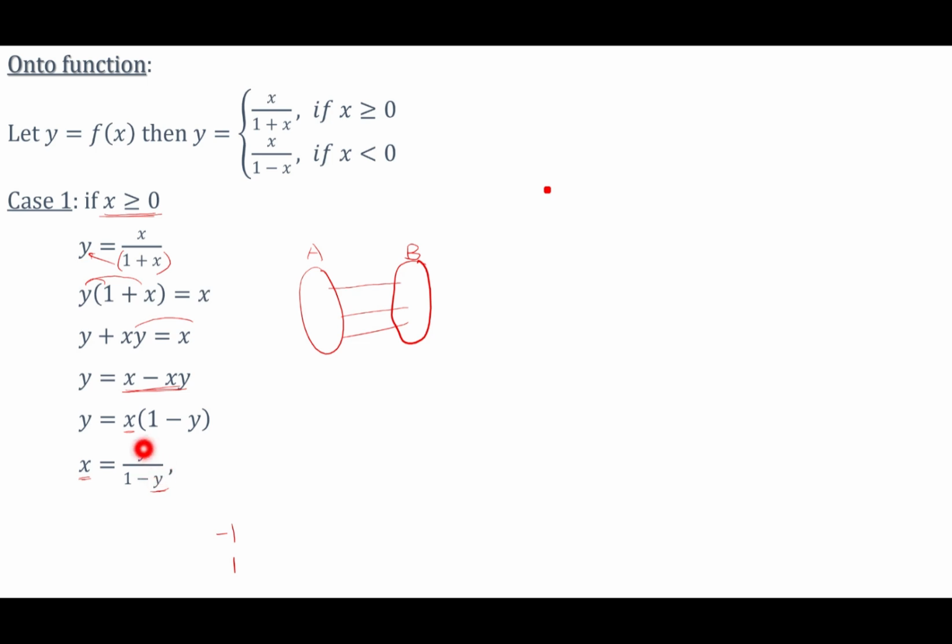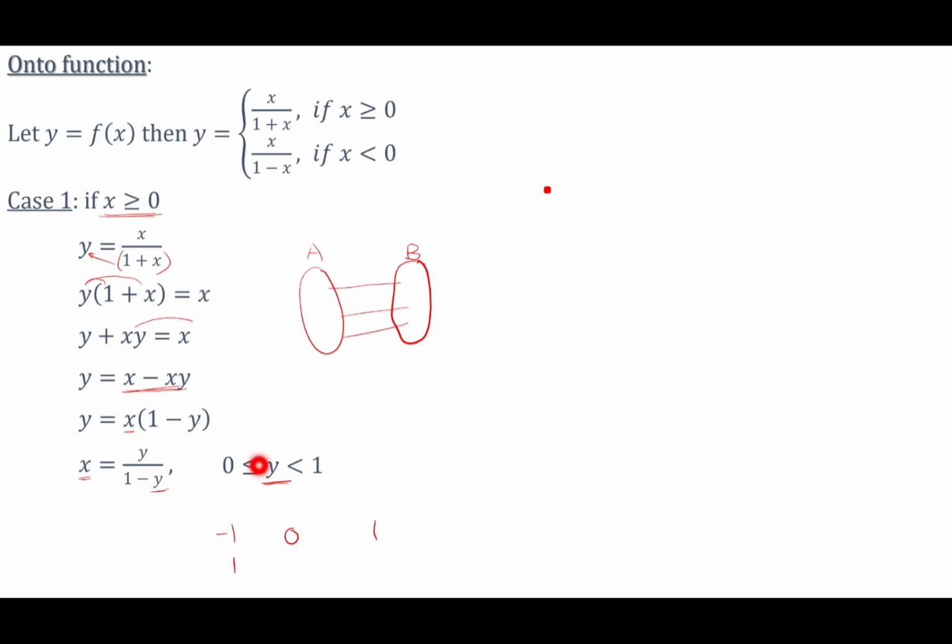If y is 0, then x is 0. x equal to 0 satisfies. So y values, I can take 0 till 1. So y lies in between 0 and 1. I can take any real numbers from 0 to 1 as y values.